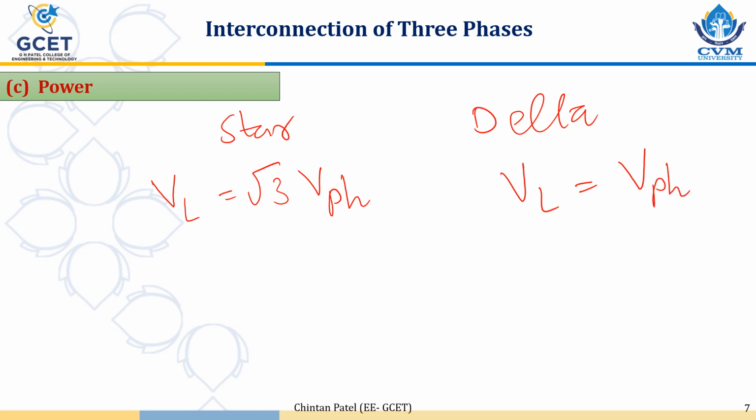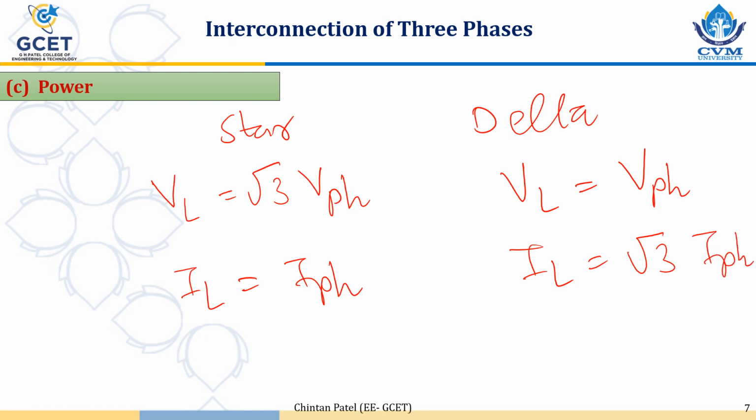This is the voltage relation in star and delta. What is the current relation? In a star network, IL is equal to I phase, whereas in delta connection, IL is equal to root 3 I phase. So this is the relationship between voltage and current in three-phase star and delta connected networks.